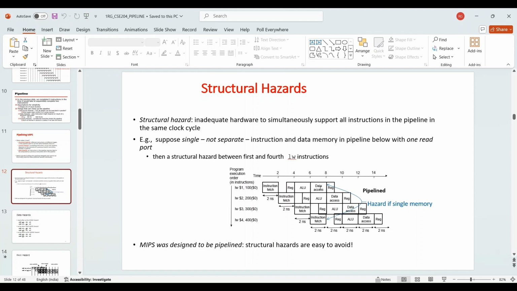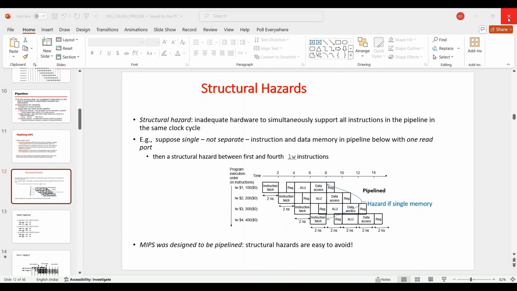One was for data access, another was for instruction fetch, and that is an example of structural hazard. If the memory is single ported, it will not be possible. But if the hardware is improved to double port memory, then this structural hazard can be avoided. And in modern computers, all structural hazards are easily avoided by improving the hardware.